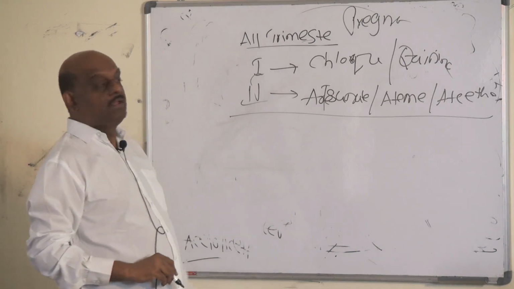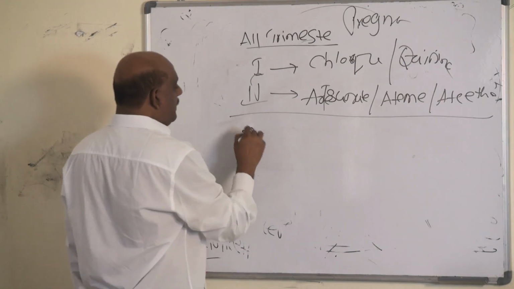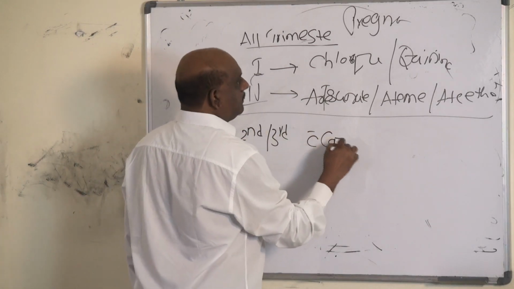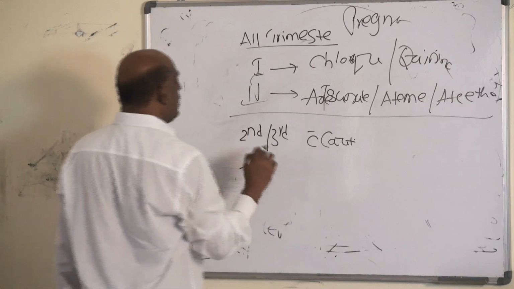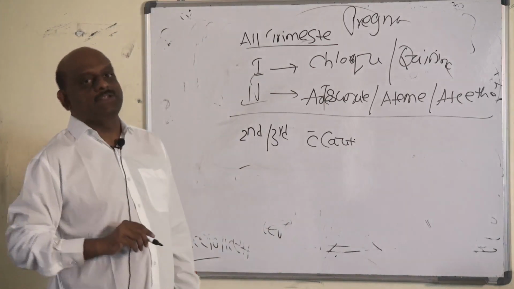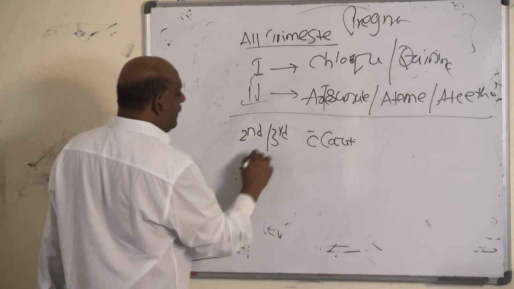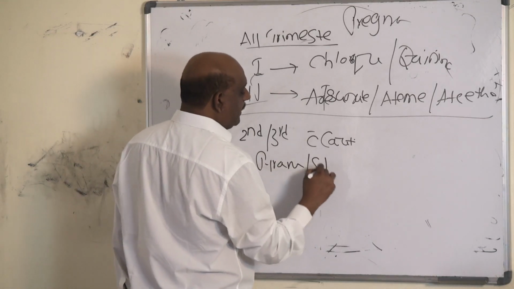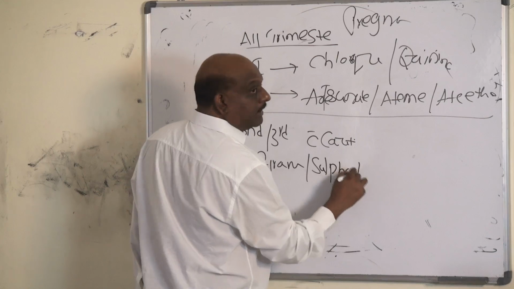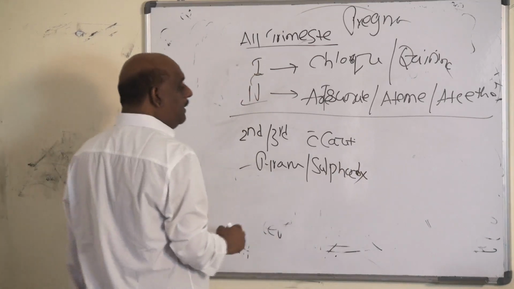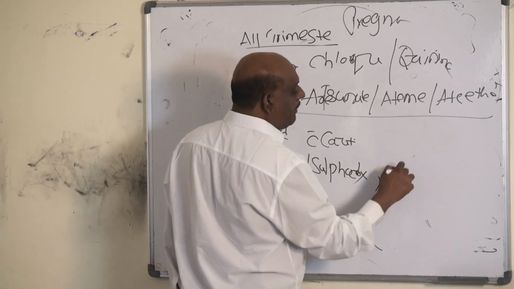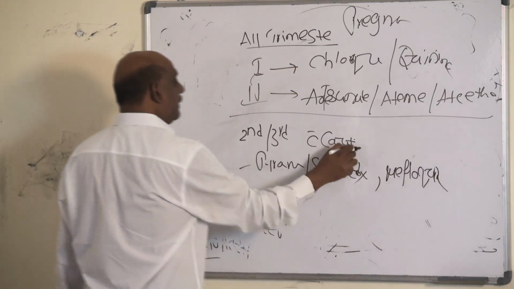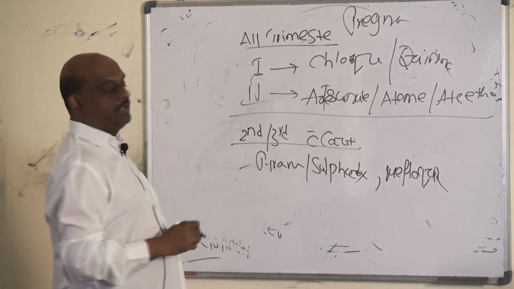In the second and third trimester, with caution, what are the drugs that can be used? Pyrimethamine and sulfadoxine and mefloquine. These are considered to be used in the second and third trimesters with caution.